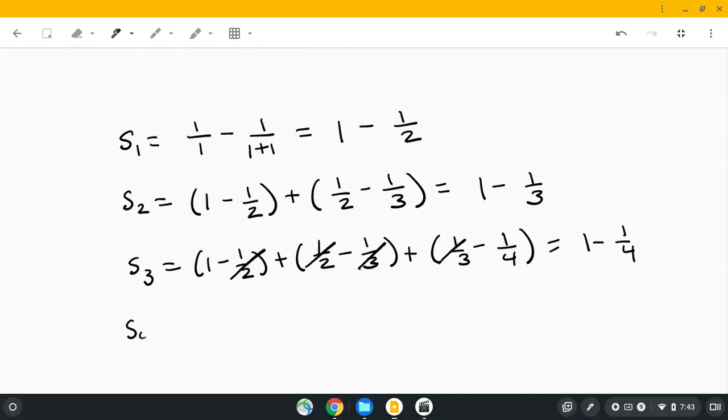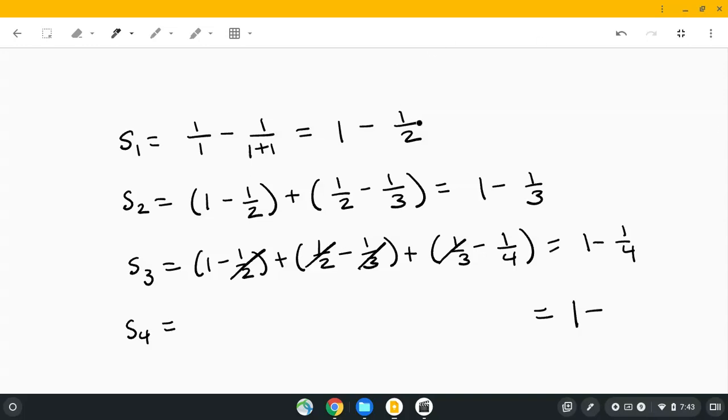Okay, so based on what we have so far, S1 is 1 minus 1/2. S2 is 1 minus 1/3. S3 is 1 minus 1/4. Based on our results, what do you think S4 will be? 1.